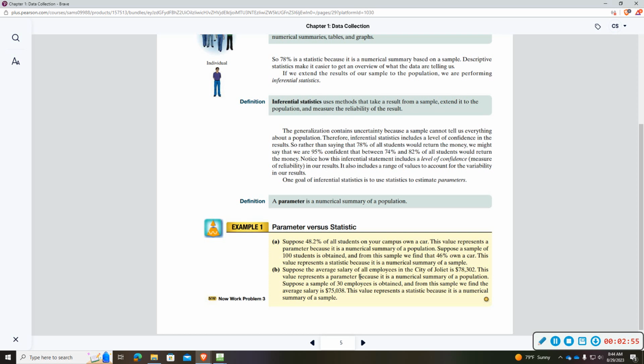However, if I was to take the whole class of 30, that would be the entire population, and then I found the average, that average would be considered a parameter because I used the whole population. So in both cases, I got a numerical average. It just depends on what I use to get that average. So that's basically the difference between statistic and parameter.